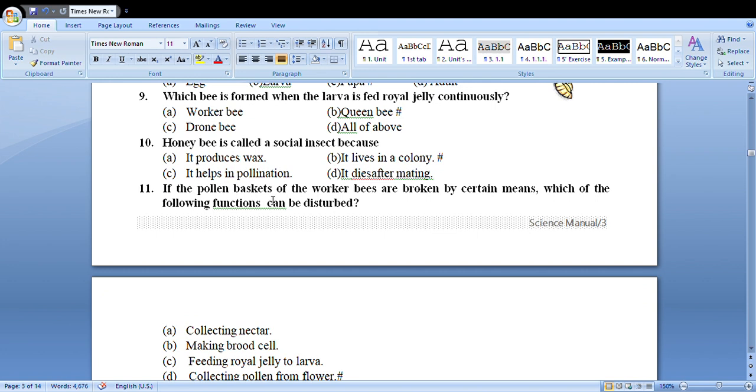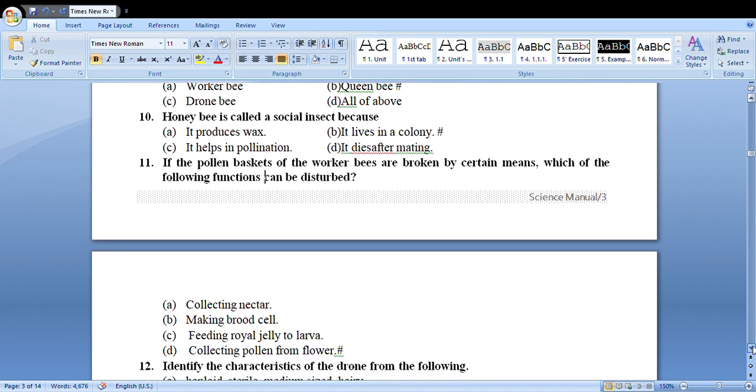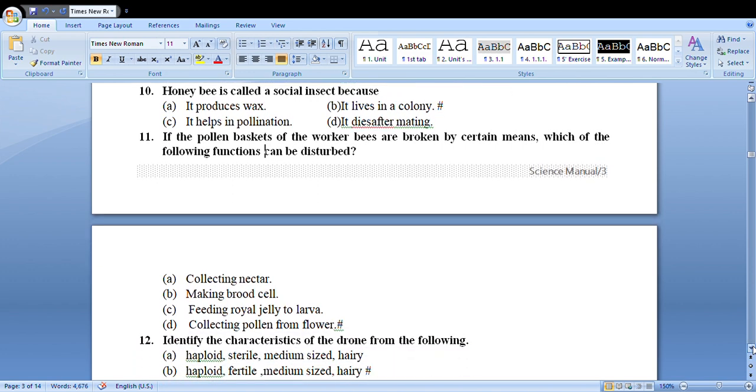If the pollen baskets of the worker bees are broken by certain means, which of the following functions can be disturbed?